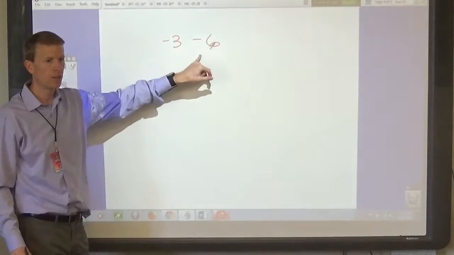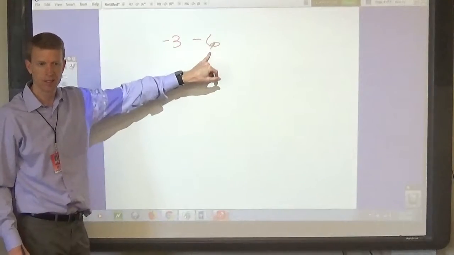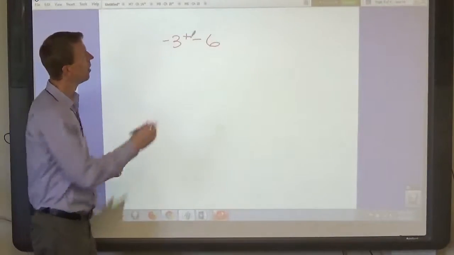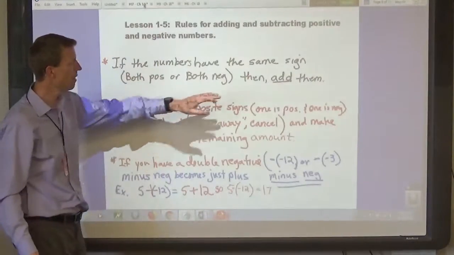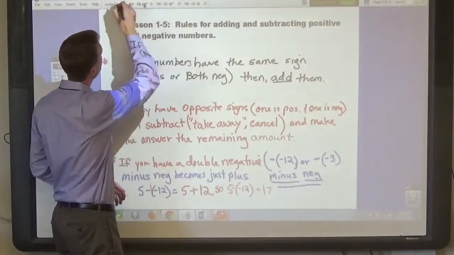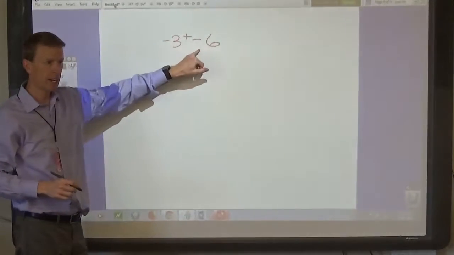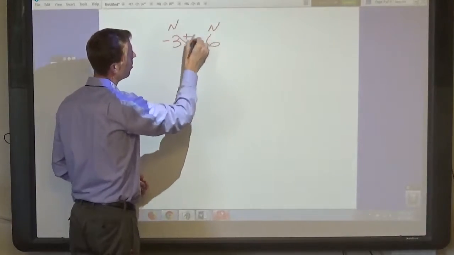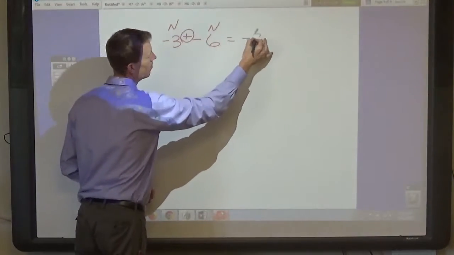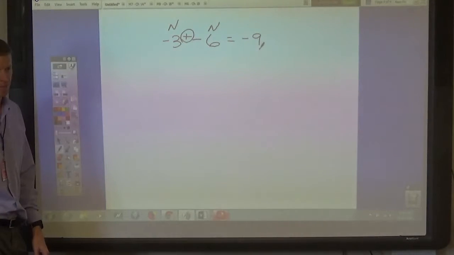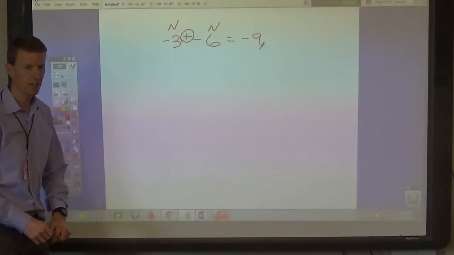You put a plus sign and add them. Remember, in your notes it says if they have the same sign, you add them. Negative 3 and negative 6 are both negative, so add them.